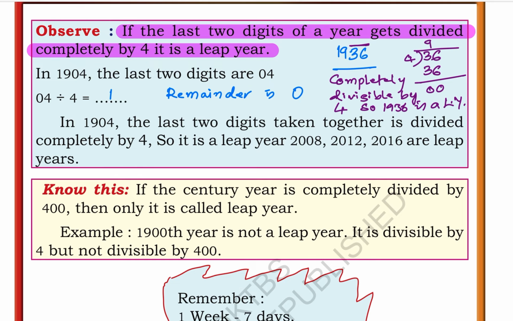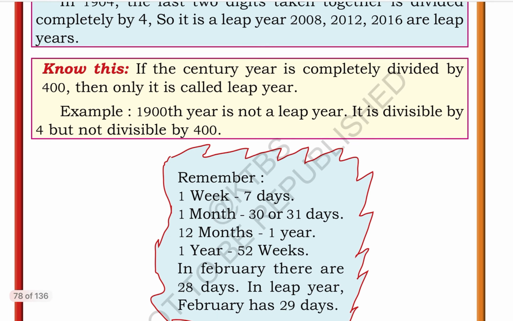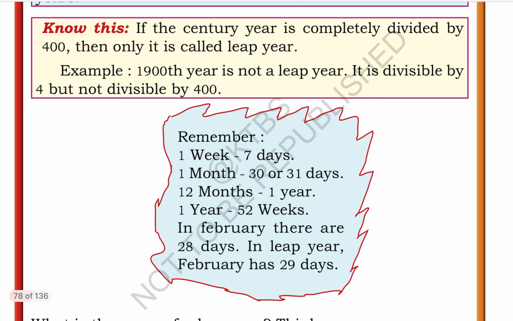Did you get the point? Okay, don't confuse in this. Know this: what is a century year? See, 2000. For 100 years we will say century. Century means 100.